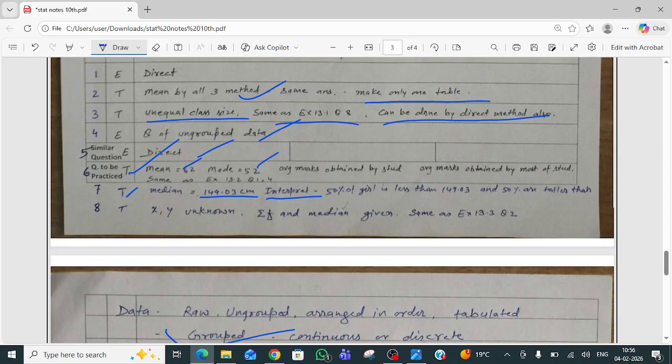This height is the middle person's height. 50% of the girls are shorter than this height and 50% of the girls are taller than this value. Question 8 has x, y unknown, sigma f and median given. This question is the same as 13.3 question 2.